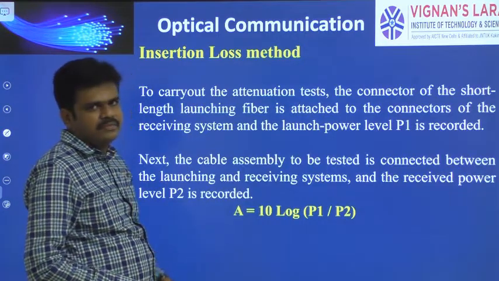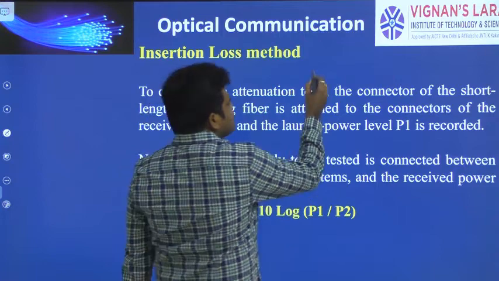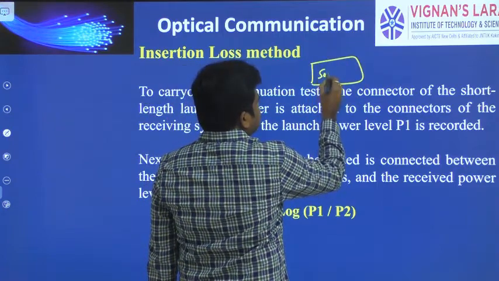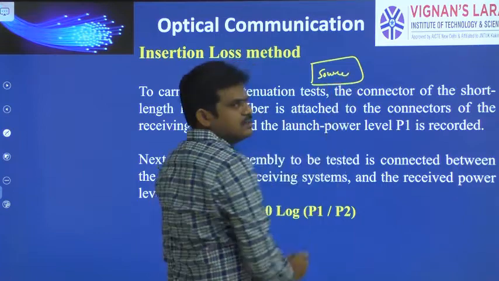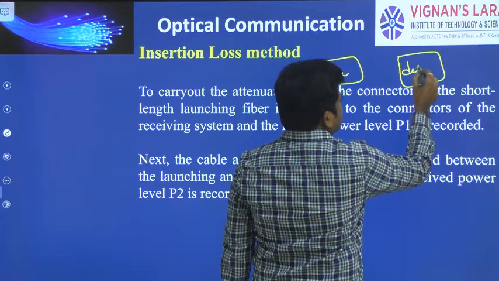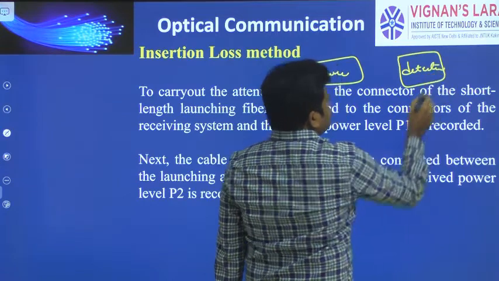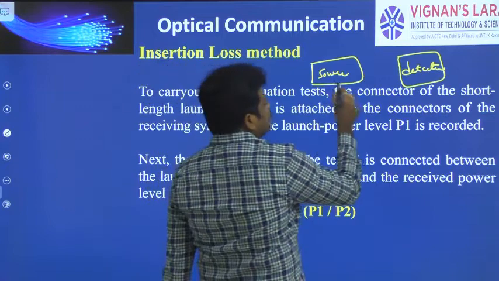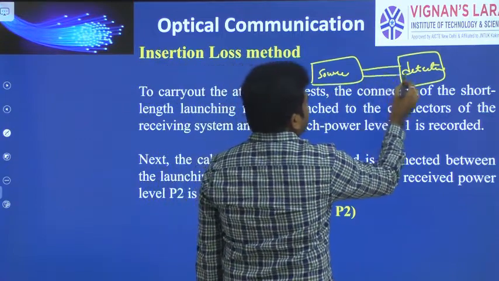In the insertion loss method, first of all, for example, this is an optical source and this is an optical detector. In step 1, we connect the source and detector using a connector.